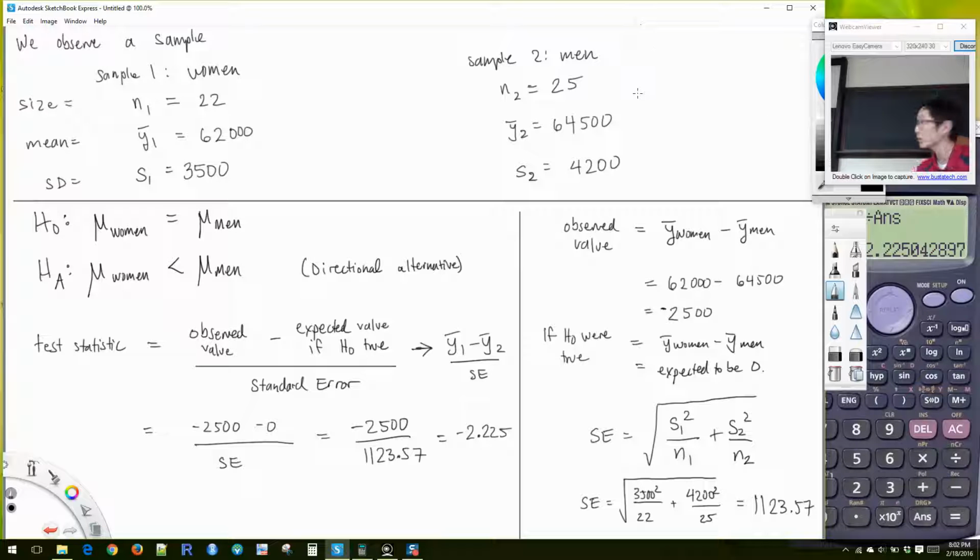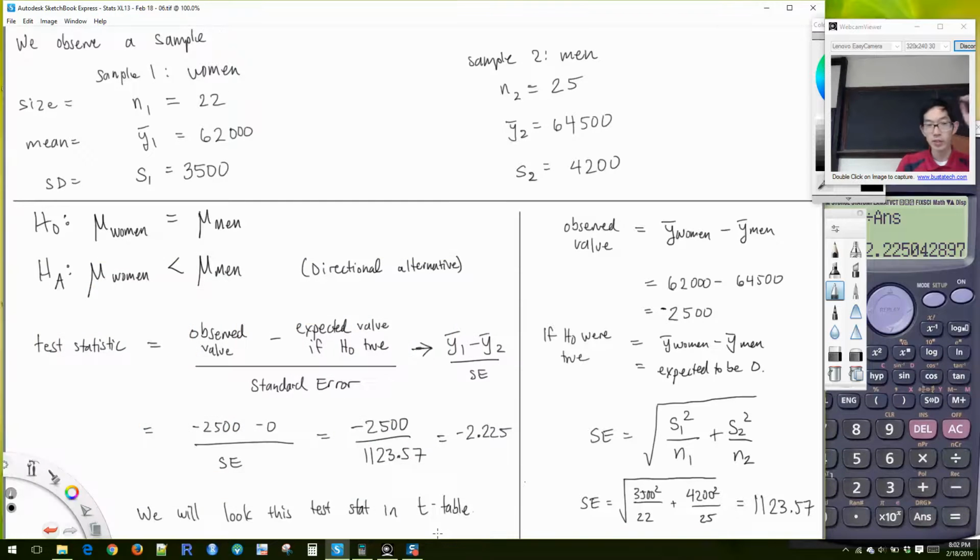All right. So what we're going to do now is look up this value in the t table. So now we will look up this test statistic in the t table.